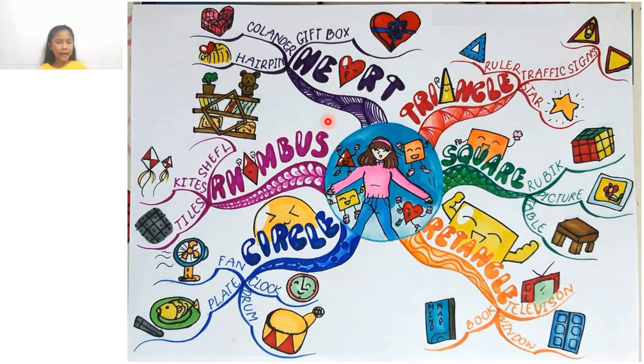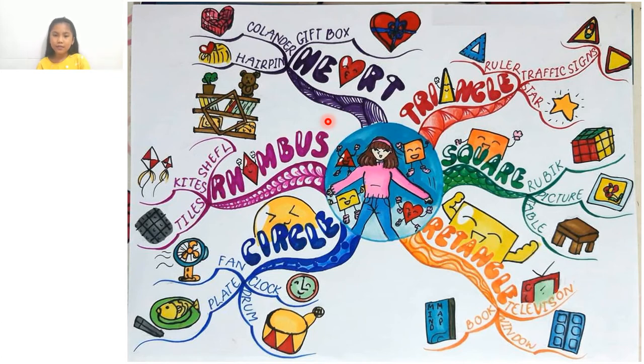Well, what can look like a heart? Many decorations can be hearts, just like a gift box or a colander, or also a hairpin, right? The one that you see in people's hair.